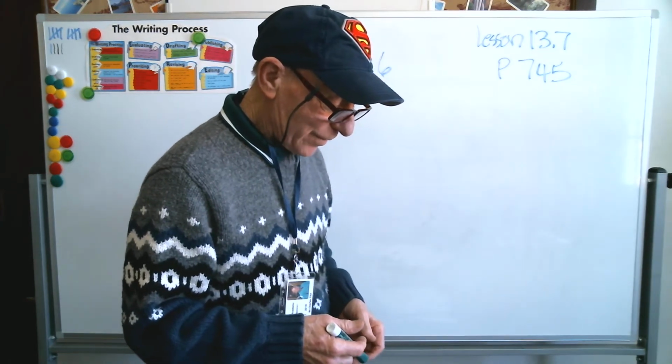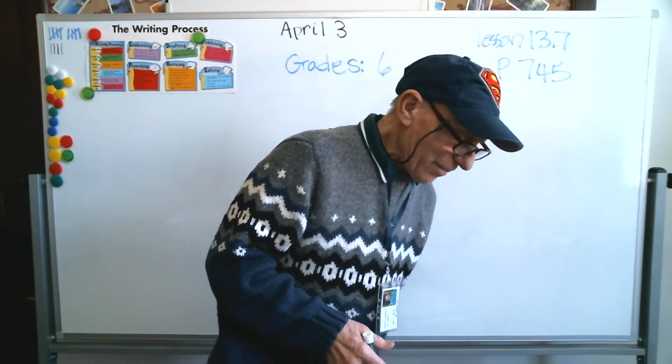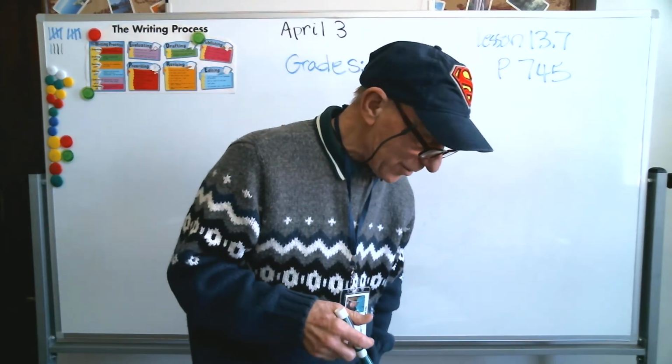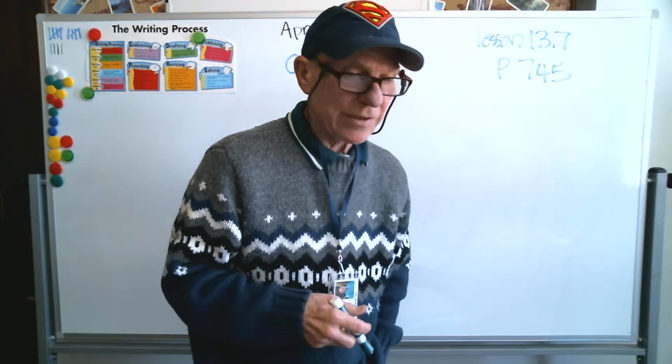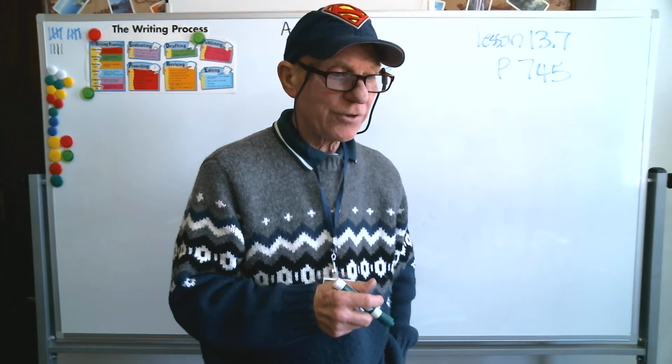Looking at the first activity on page 745, it asks at least 20 students in the school how many pets they have, and it says record your results in a frequency table like the one that's shown.